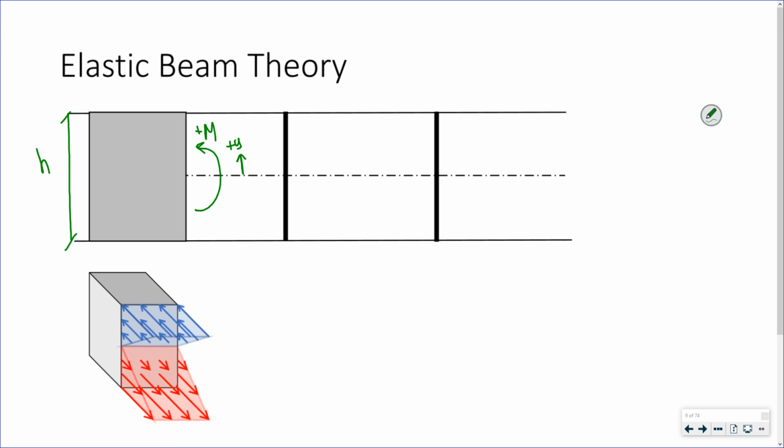And my assumptions are a homogeneous uncracked homogeneous rectangular beam cross section, I guess.